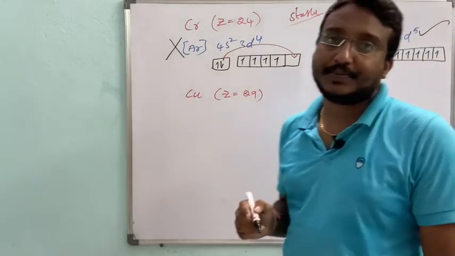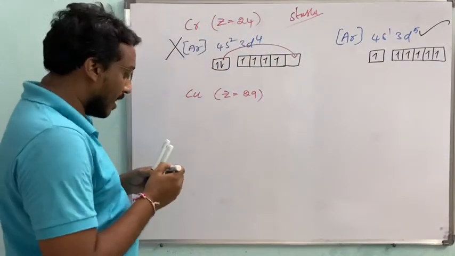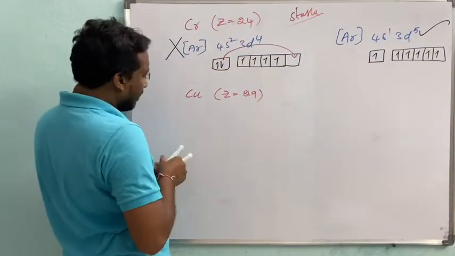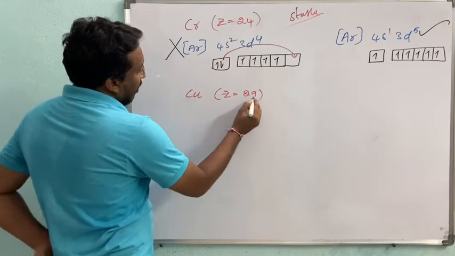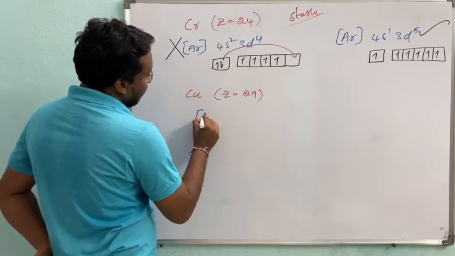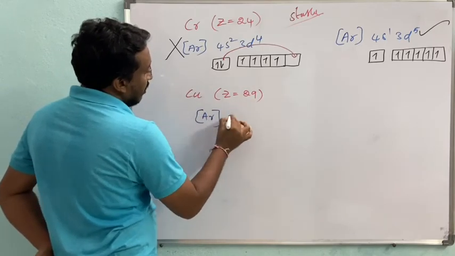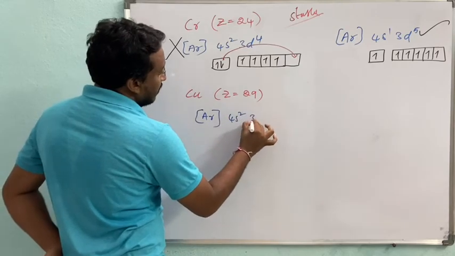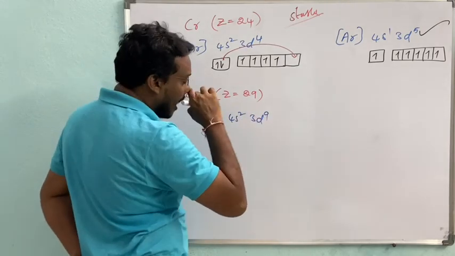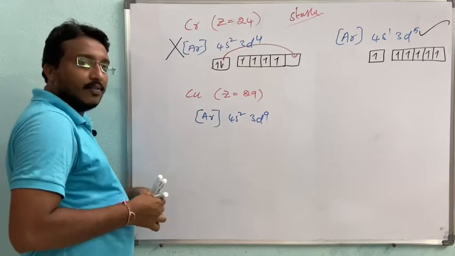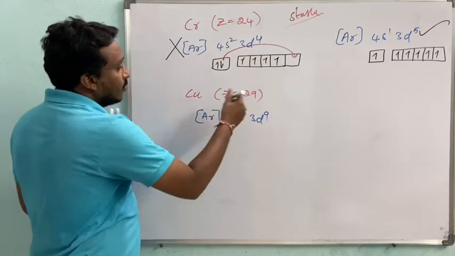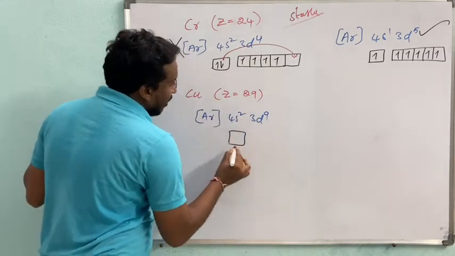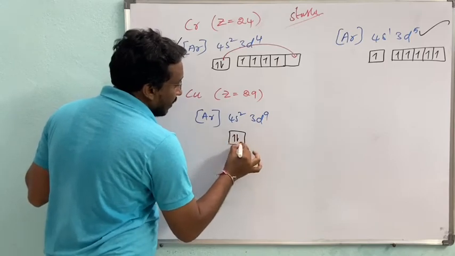You have to remember it in case of chromium. And as well as in copper, 29, same, argon 4s2 3d9. This is a common error. We can write casually in this way only, but you have to remember it.